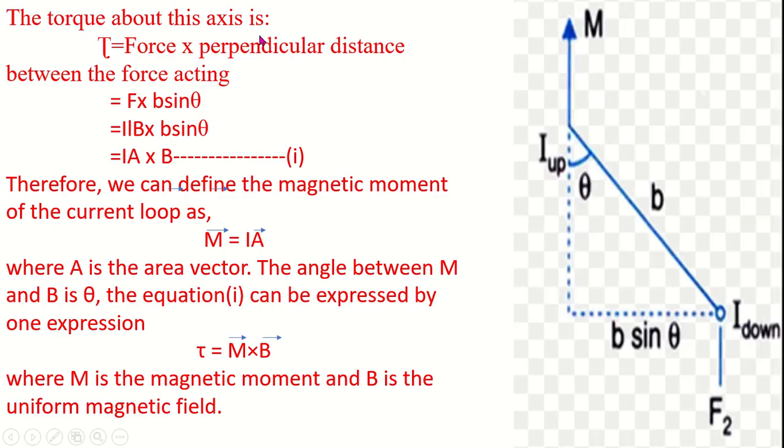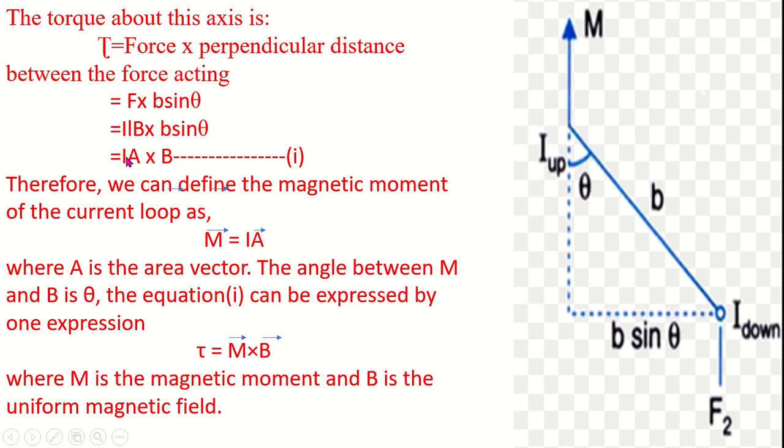So the torque about this axis equals force into the perpendicular distance between the forces acting. Here the perpendicular distance is b sine theta. So force into b sine theta, but force equals I l B. Previously I showed you the magnitude of the force equals I l B, into b sine theta, but you know l into b is the area of the current carrying loop.